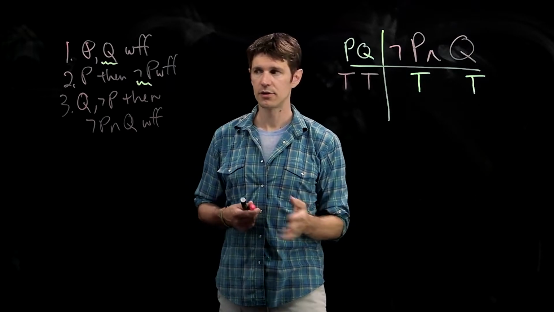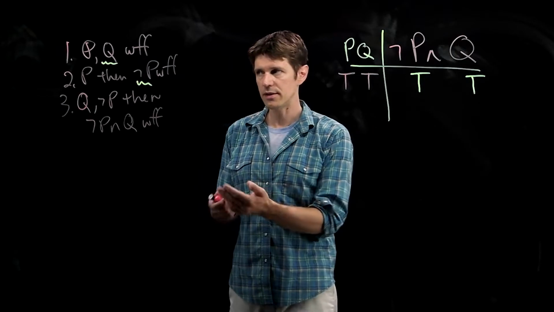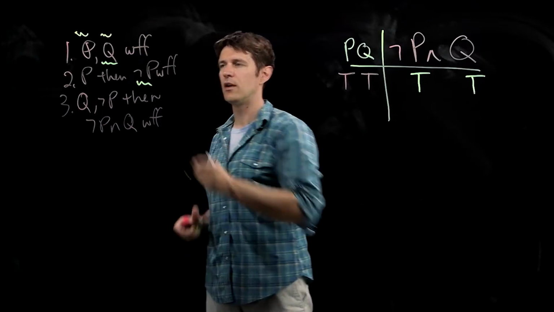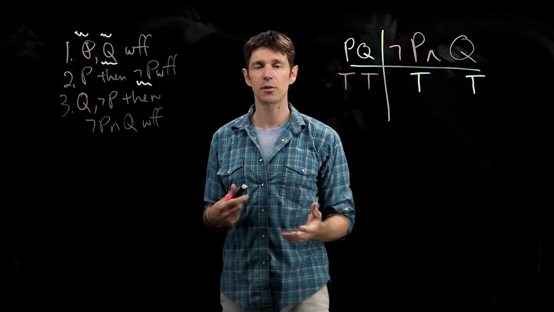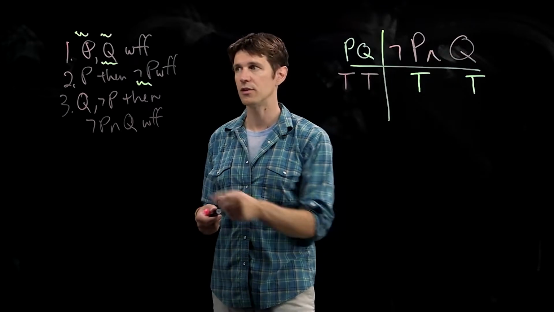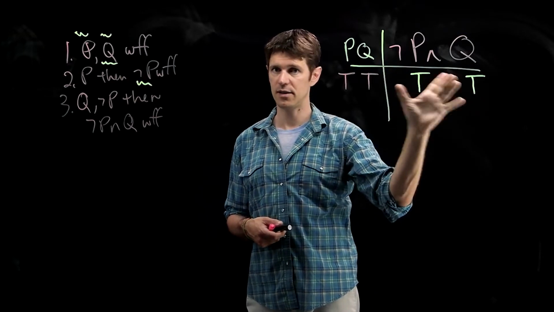All right, so remember, the order in which we assign truth values to subformulas is the same as the order in which we construct the formula. So in this case, what do we do? Well, we have P and Q. If we were trying to determine the truth value of this complex well-formed formula here, the first thing we would do is get the values for P and Q. And we have already done that here.